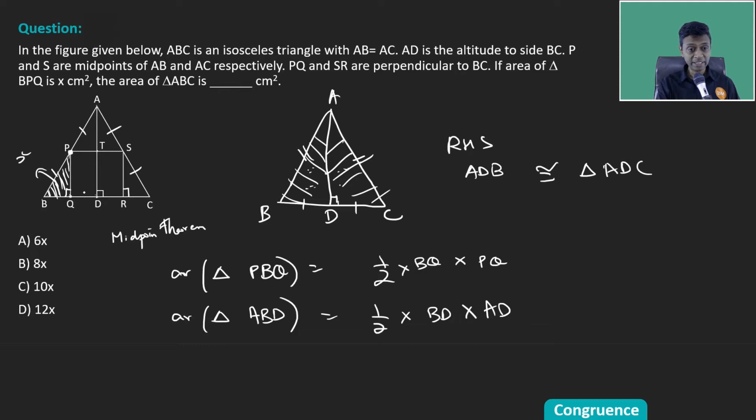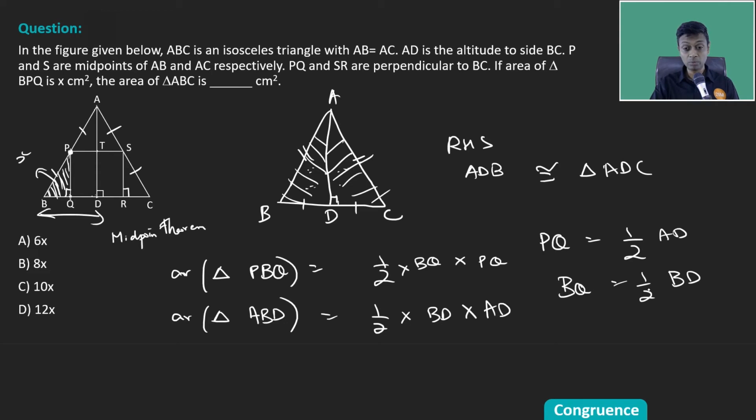But this big triangle, this is the base, this is the height. Fine, wonderful. If P is the midpoint and Q is the midpoint, then PQ, the line joining midpoints of two sides of a triangle, will be equal to half of AD. We already know BQ, Q is the midpoint of BD, BQ is half of BD.